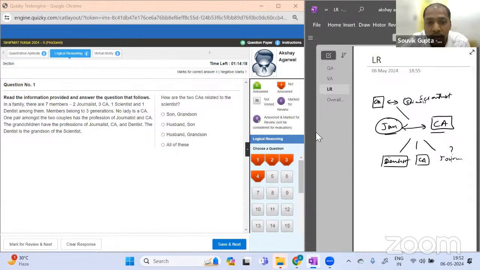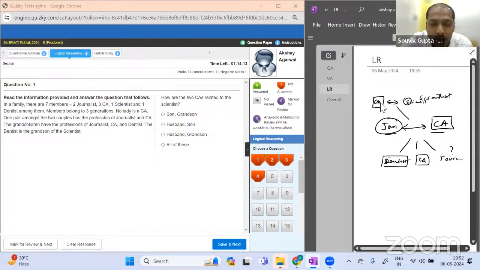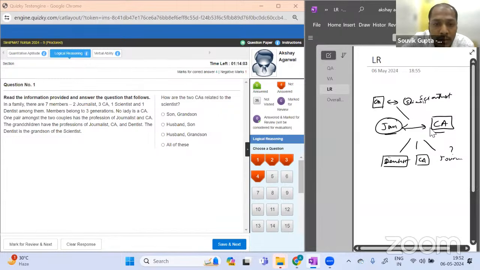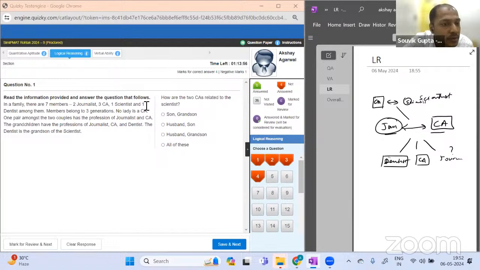Okay. How are the two CAs related to the scientist? So there are three CAs, so it could be husband and grandson, which I can say for sure. Husband and son, son and grandson. In a family, there are 7 members.